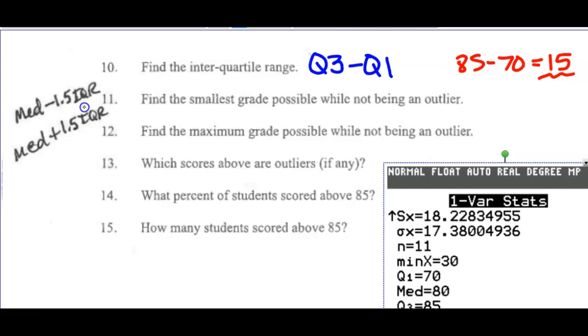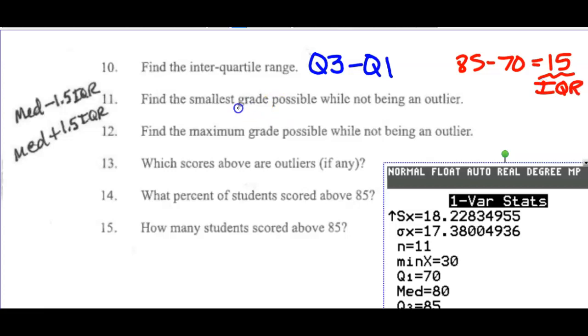That's complicated. There's a way the calculator will do this for you. I'm going to show you real fast, but it says find the smallest possible value while not being an outlier. So that's the median minus 1.5 times that IQR, or interquartile range, which is this number.